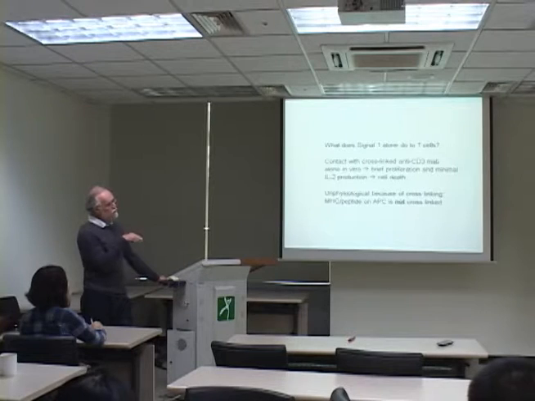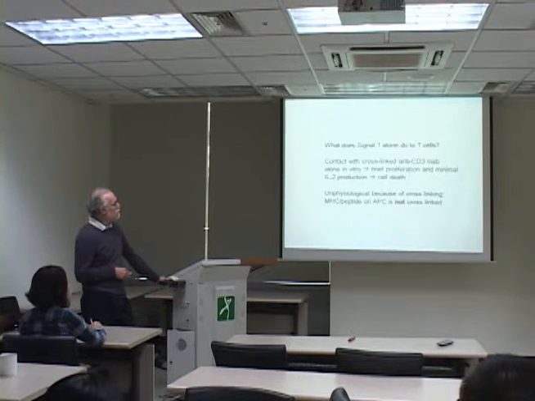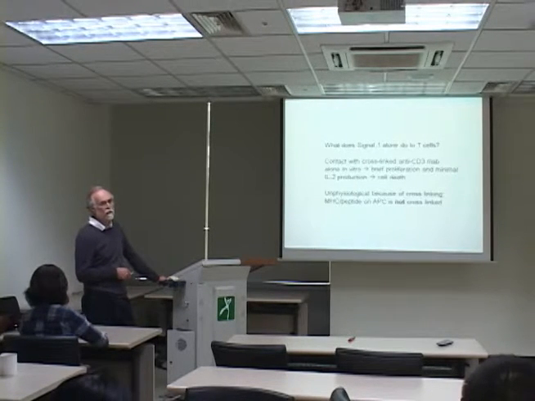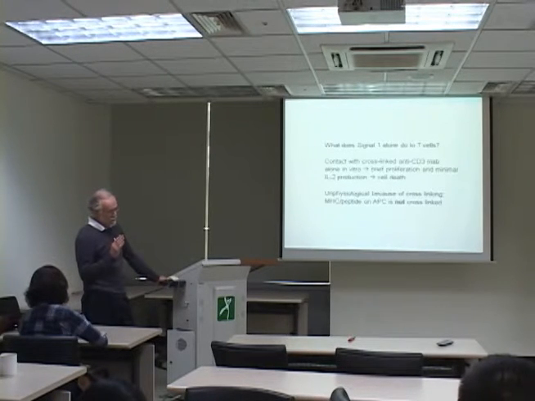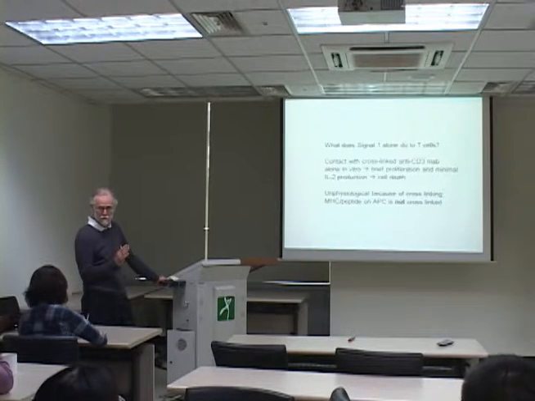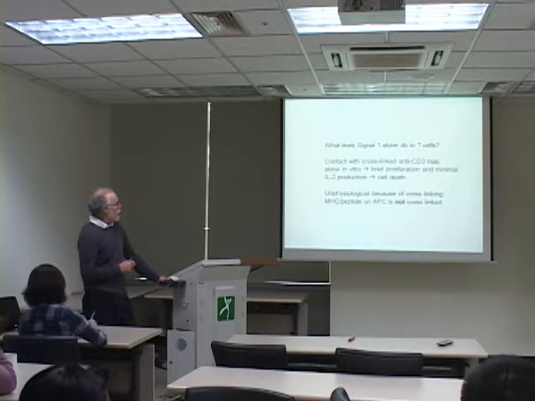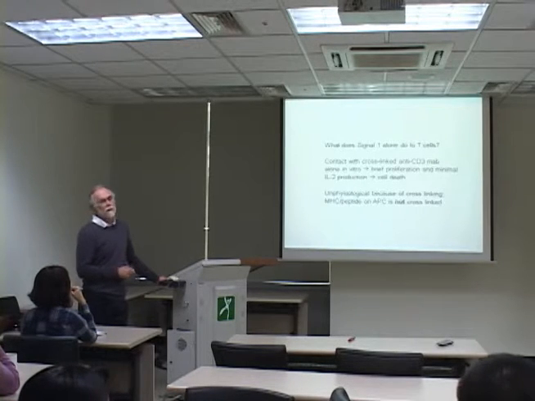So this then still asks the question, what does signal 1 alone do to a T cell? If the cell just sees MHC plus peptide alone, what does it do? Does it really make the cell immunogenic? So what's the evidence for this?